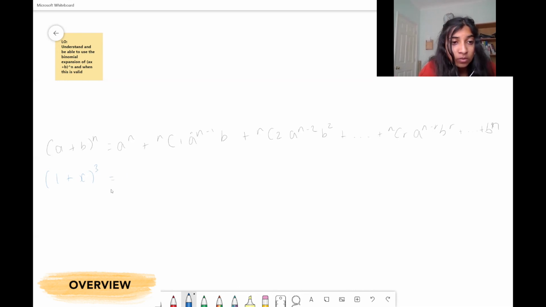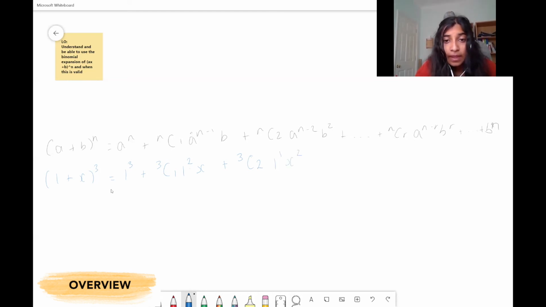Your first term is 1 to the power of 3, and then we would have nC1, which is 3C1, times a, which is 1 to the power of 3 minus 1, which is 2, times b, so that's just x, plus nC2, so 3C2, 1 to the power of 3 minus 2, which is just 1, times x to the power of 2.